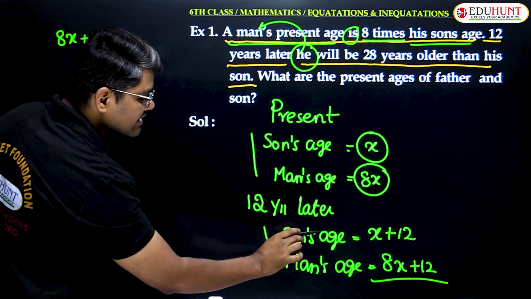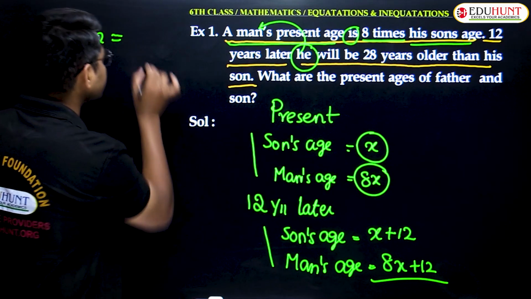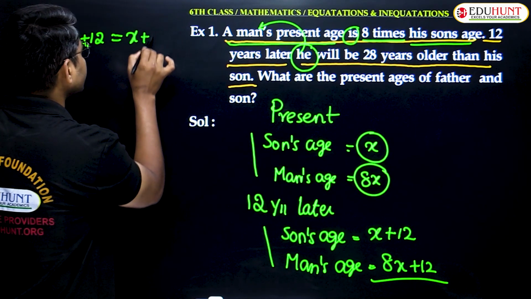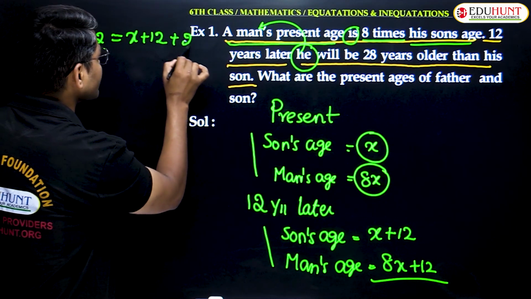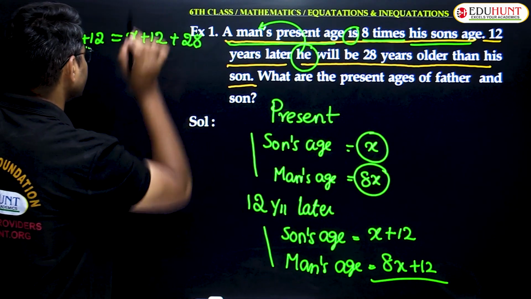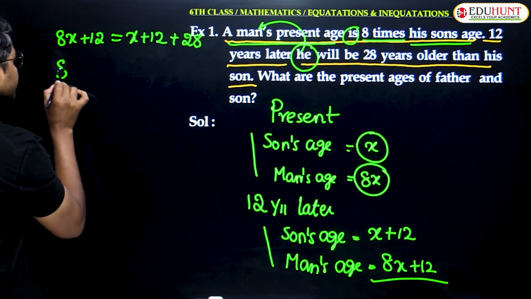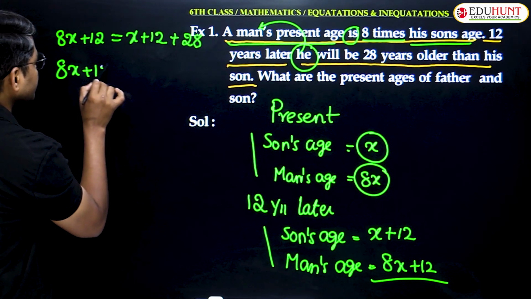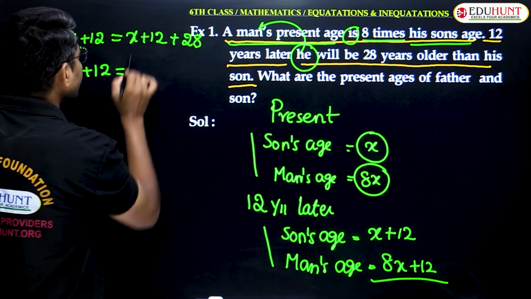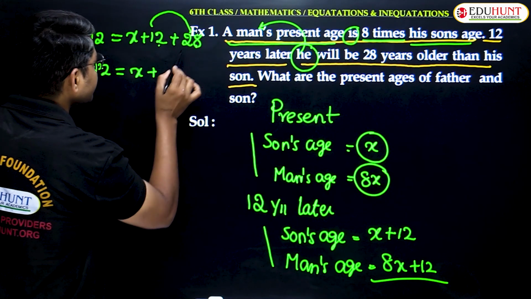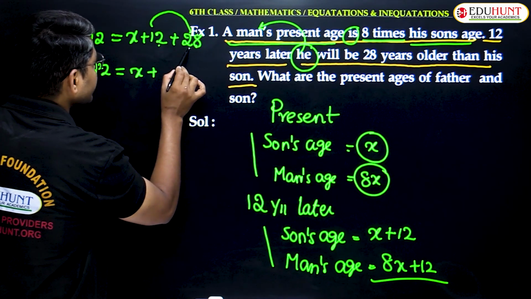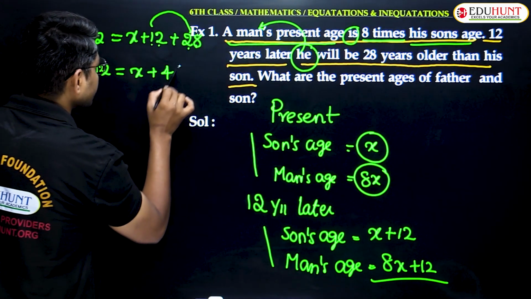What is age of son after 12 years? x plus 12. Older than means we have to add. That is how many years older? 28 years. Okay, right. 8x plus 12 is equal to x plus 12 plus 28.